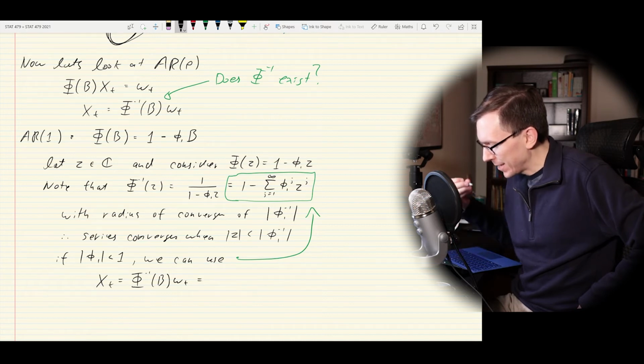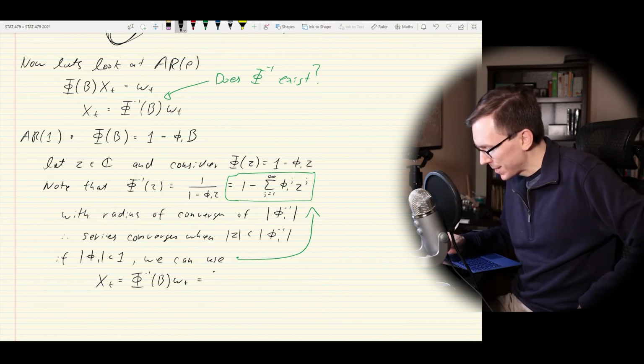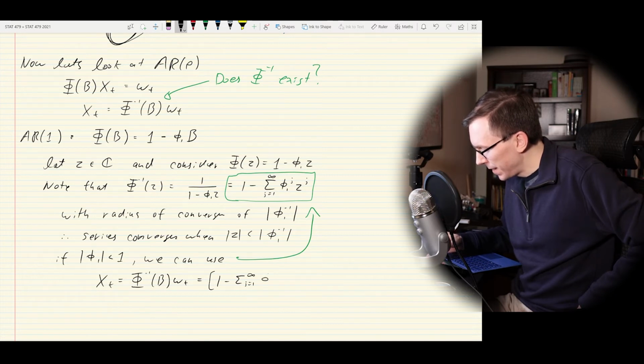And if we have that convergence property, we can replace phi inverse with 1 minus the sum j from 1 to infinity of phi 1 to the j, B to the j, applied to w_t.